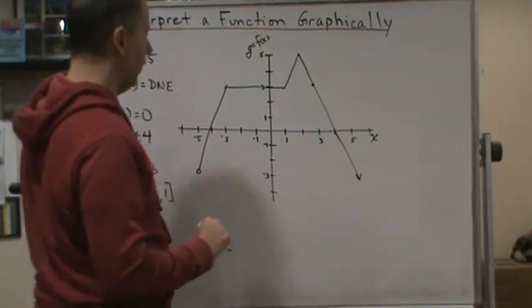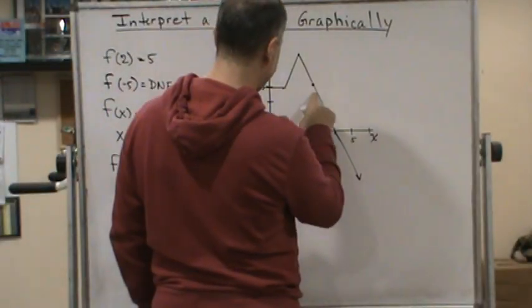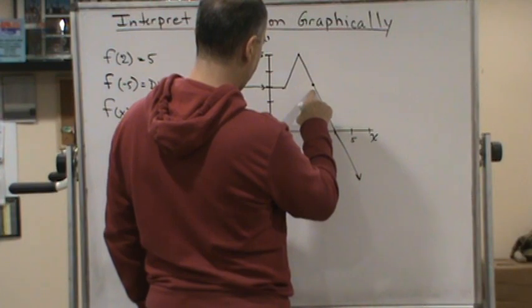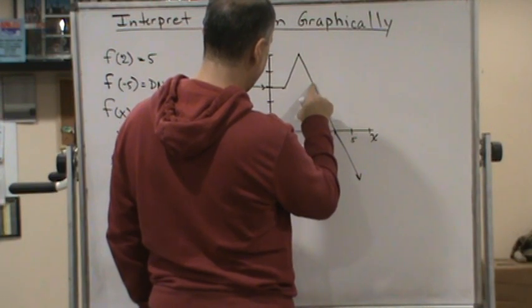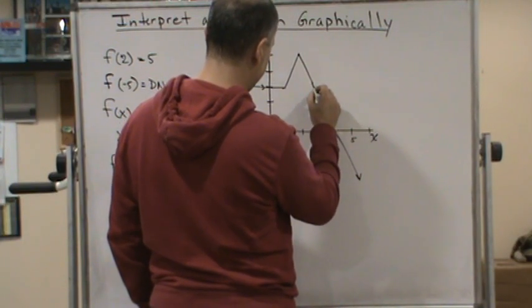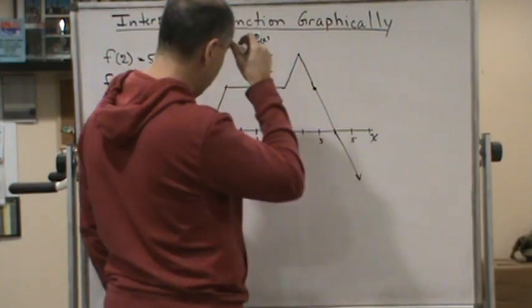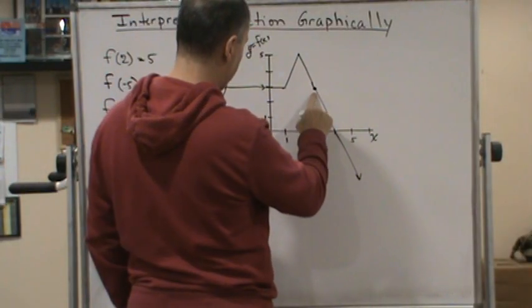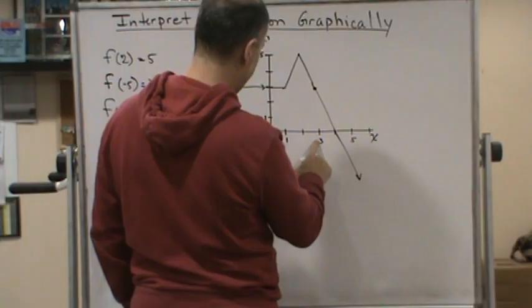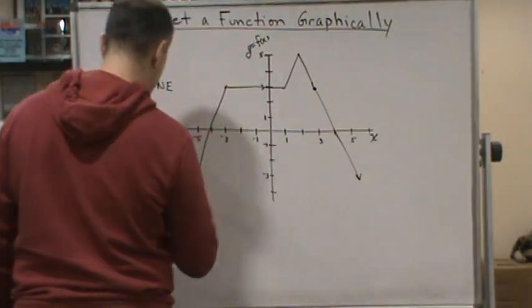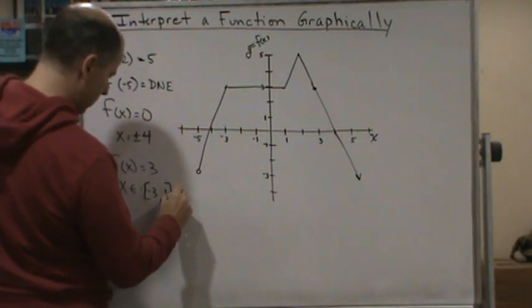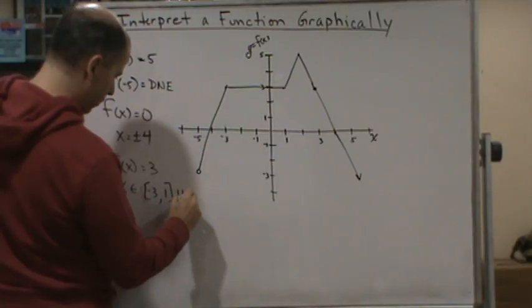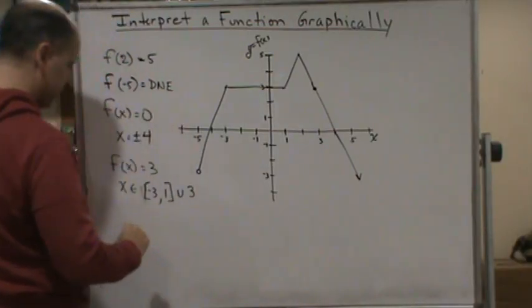But we also have over here where f of x comes back to 3. So right there, when it comes back down to 3, x is equal to 3. So we would put union 3, something like that.